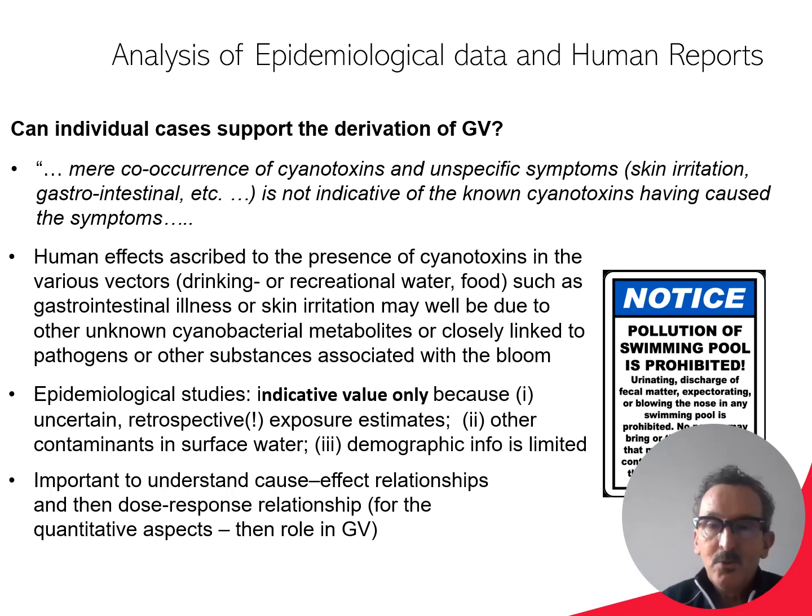Not easy to do that correctly, to exclude other potential risk factors. There's very few studies available. So again, what we use from the literature, it's not extensive, but it's the best we have available in terms of epidemiology to extrapolate from blooms being present to certain symptoms that people report to the doctors, to the health authorities.